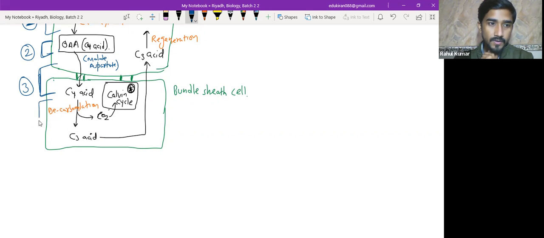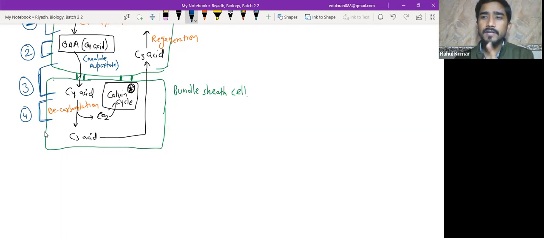Fourth is this one. This is the fourth stage: decarboxylation of the C4 acids. Now, can you appreciate that we have multiple options of C4 acids?